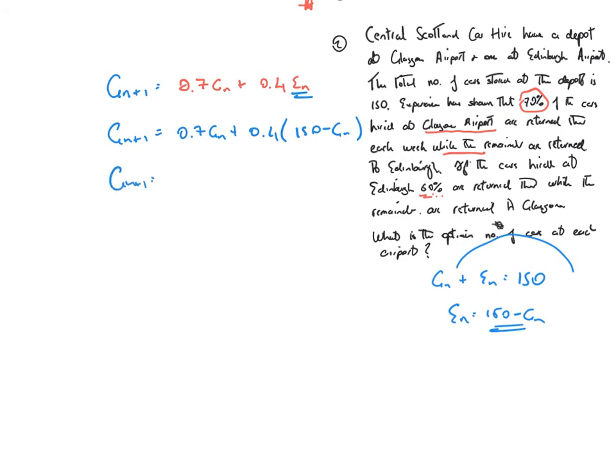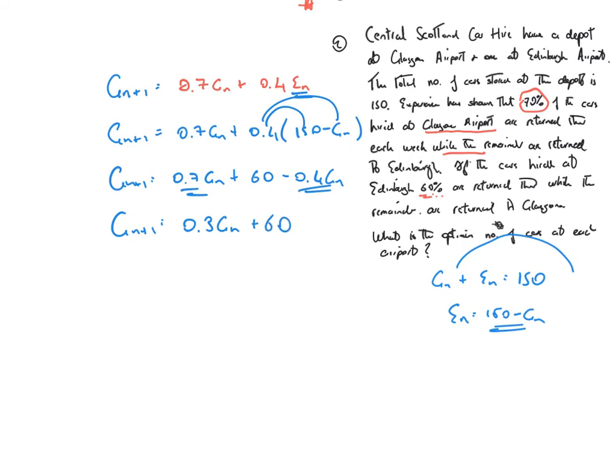G(n+1) equals 0.7 Gn plus 0.4 times 150, take your time, that's 60, minus 0.4 Gn. 0.7 Gn minus 0.4 Gn is 0.3 Gn plus 60.